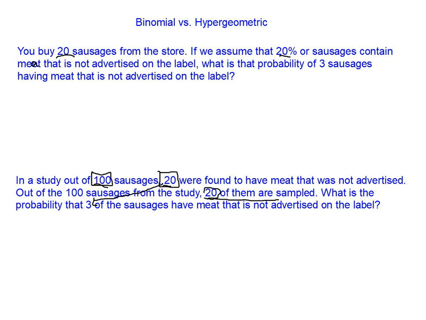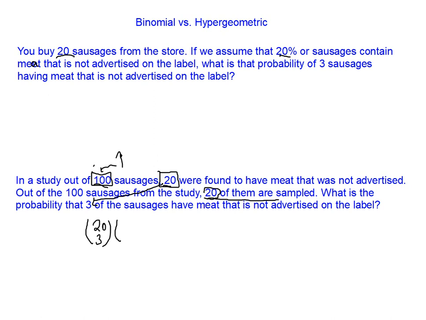So we have 20 choose 3 sausages that are going to be defective. There were 100 sausages in total, and that's one of the big differences with this question. There was no total given in the question above. So here we know that there are 100 sausages.